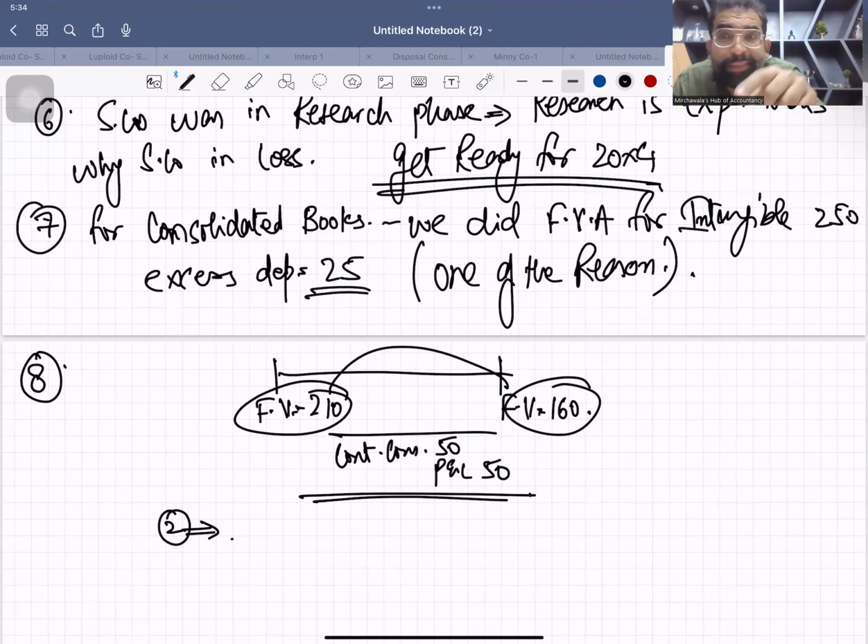That's why parent company is expecting to pay low now, not high. Just think. Initially, parent company was expecting the fair value of liability as 210. Now the fair value of liability is just 160. It indicates that now there is less chance of good performance. Decrease in fair value of this contingent consideration means now parent company is expecting that S company's performance is going down. So this is a negative sign also.